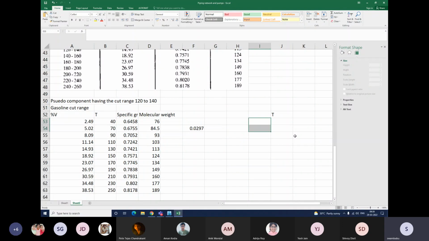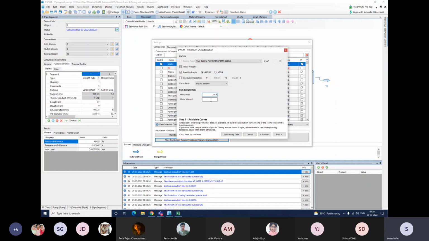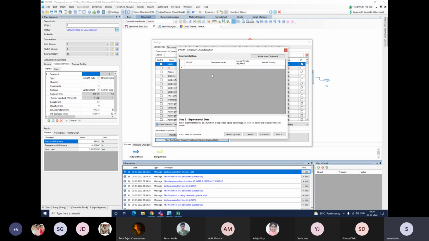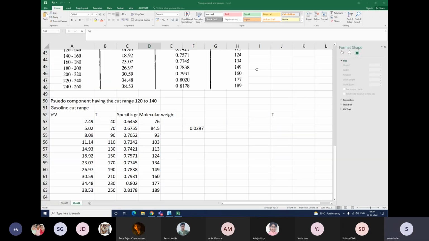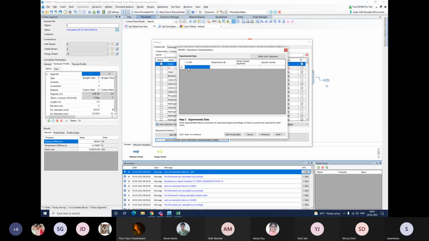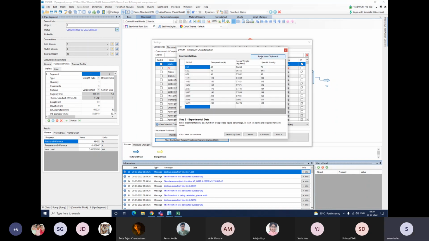So I'll just take the average of this, 127, and this data I can copy from here, the placement report.